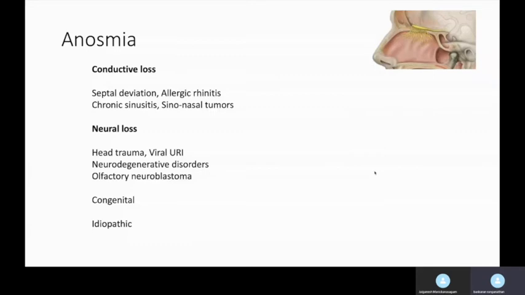This is due to the destruction of the olfactory receptors. There are other rare things like olfactory neuroblastoma and neurodegenerative disorders, and you may not even find the reason why people get anosmia, like idiopathic.